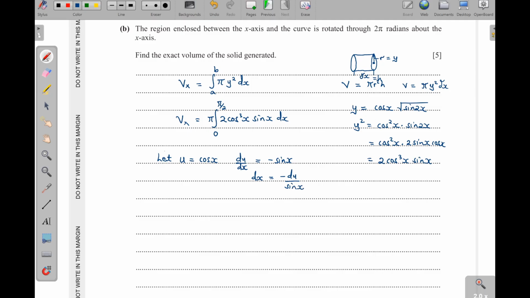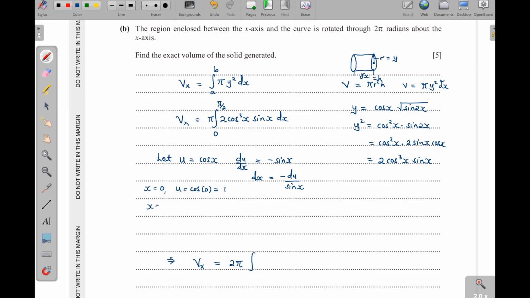Are we there? So meaning my volume here is going to be equal to, now the 2 pi is outside here, and then we integrate. And by the way, I think we need to also get the limits. Okay, so let's change the limits. When x is equal to 0, then u is equal to cos of 0, which is actually 1.